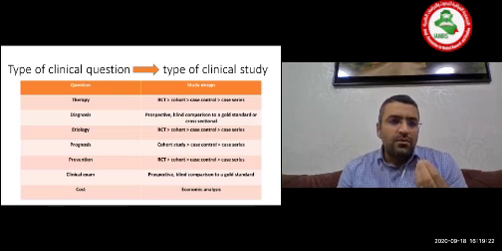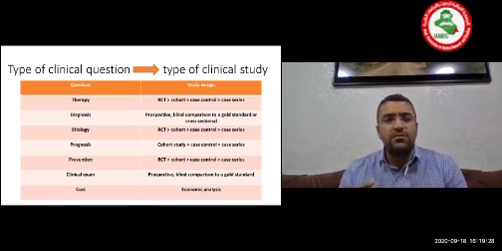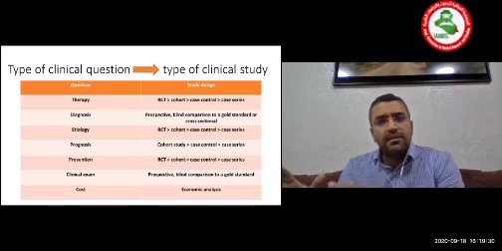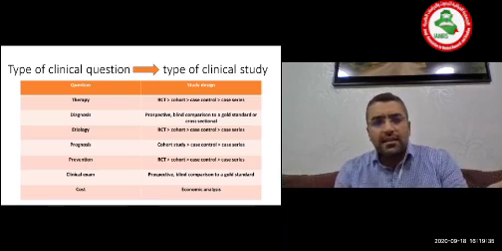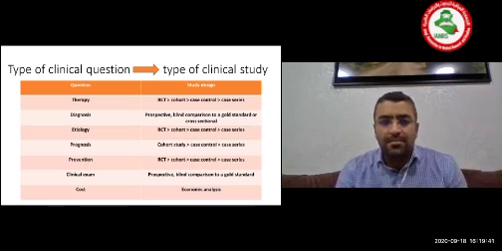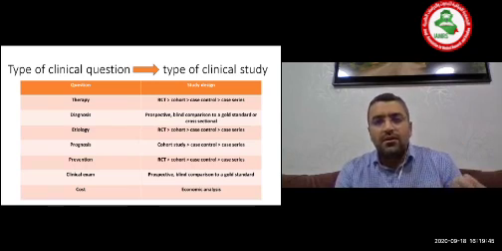So the clinical question we got, we have to classify it. The clinical question that we formulated in the form of PICO could be a therapy question, just like the dapagliflozin question. So the best type of study design for a therapy question is a randomized controlled trial, followed by a cohort study, then a case control study, and lastly a case series.